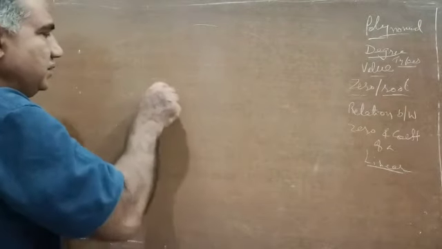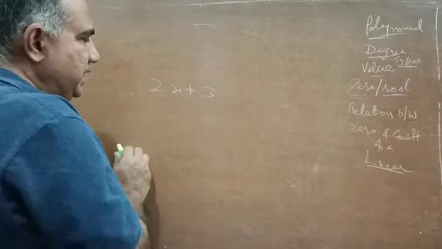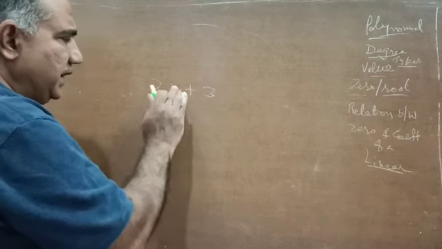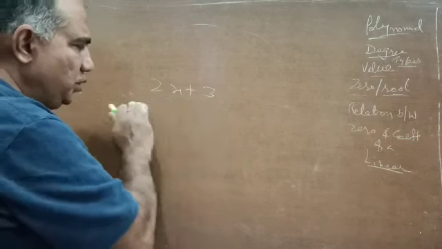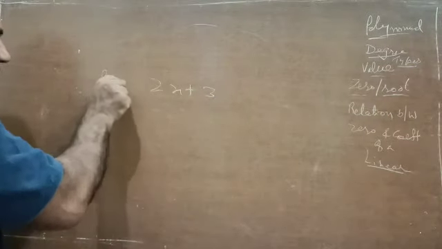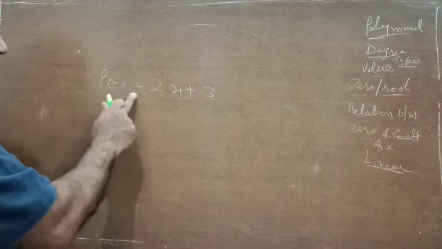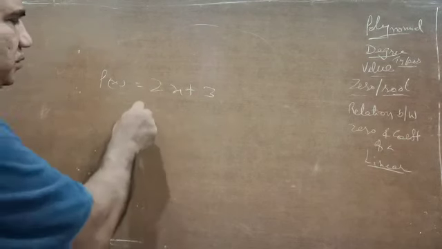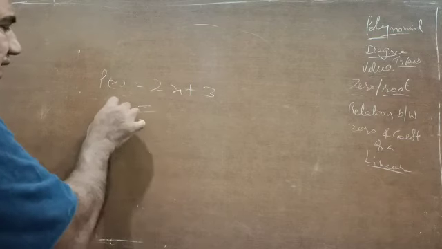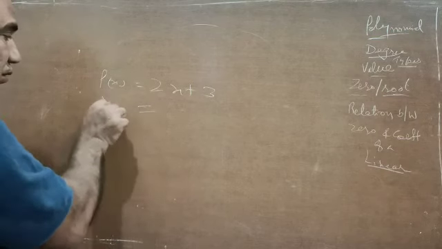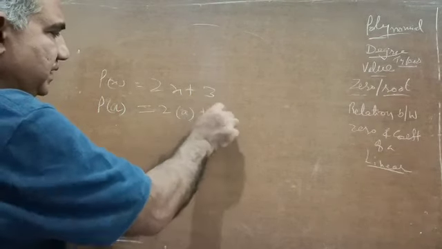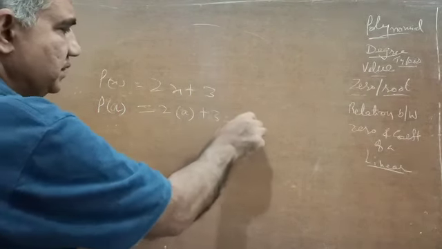Say I have 2x plus 3, this is a polynomial, and I want to find a value of x such that when I put it into this polynomial it becomes 0. Let me say this is p(x), 2x plus 3.